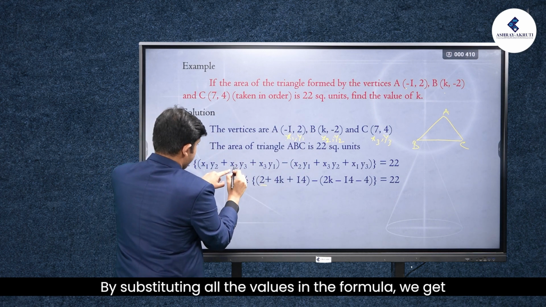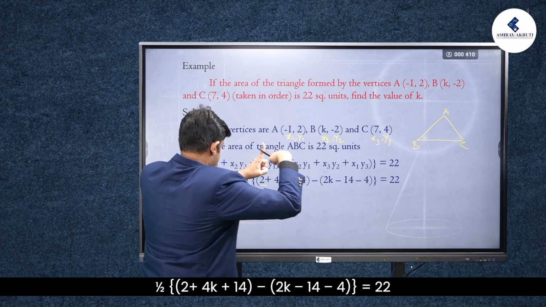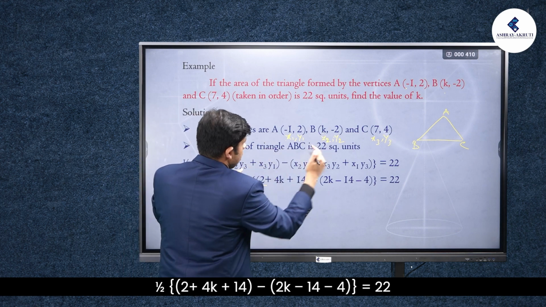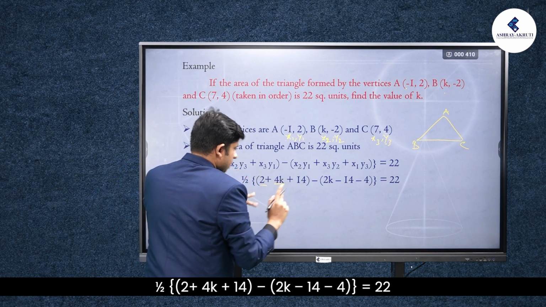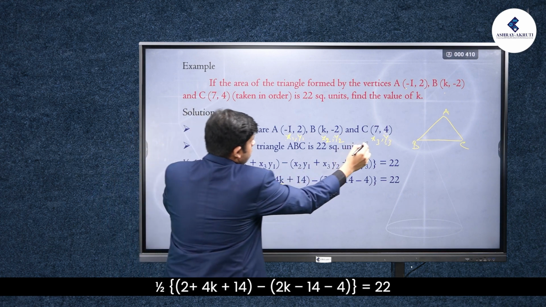By substituting all the values in the formula, we get half into 2 plus 4k plus 14 minus 2k minus 14 minus 4 is equal to 22.